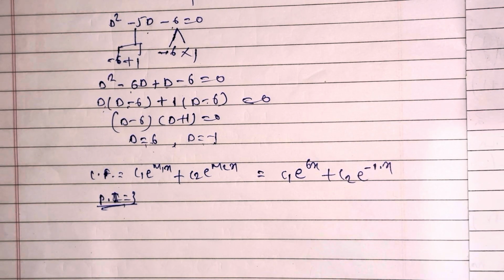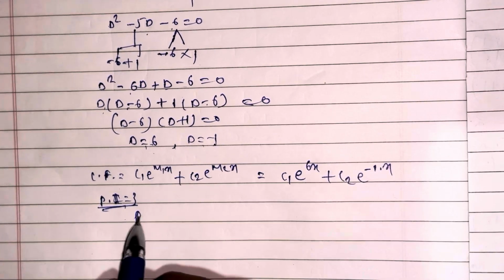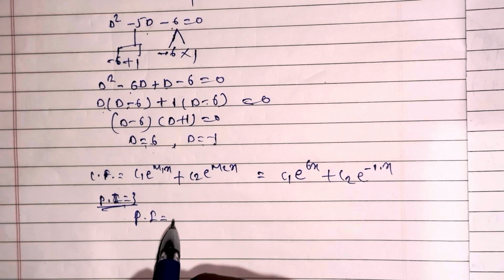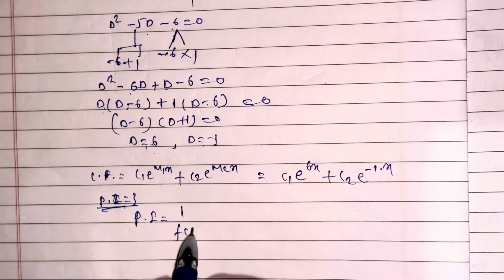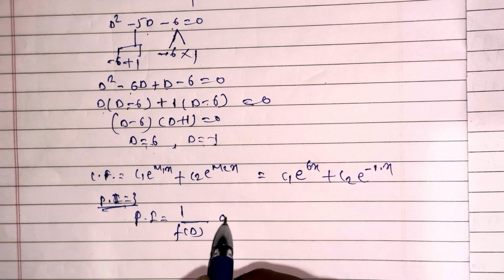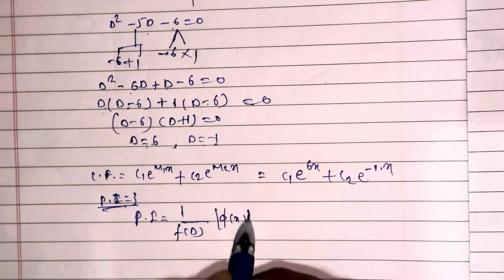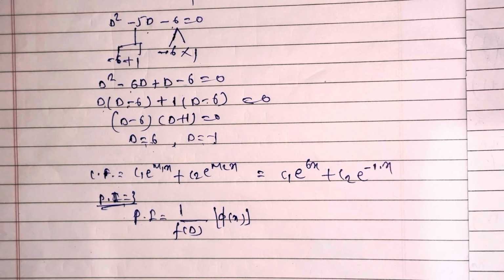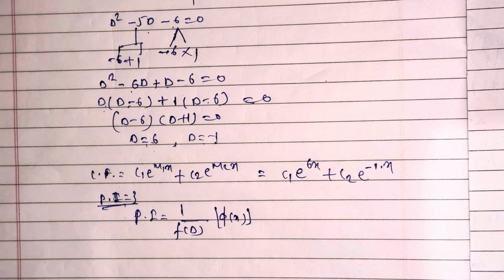We write the particular integral as 1 upon f of D into phi of x. This comes from the auxiliary equation of the nth order differential equation, which I explained in my previous lecture. So this one is a particular integral.